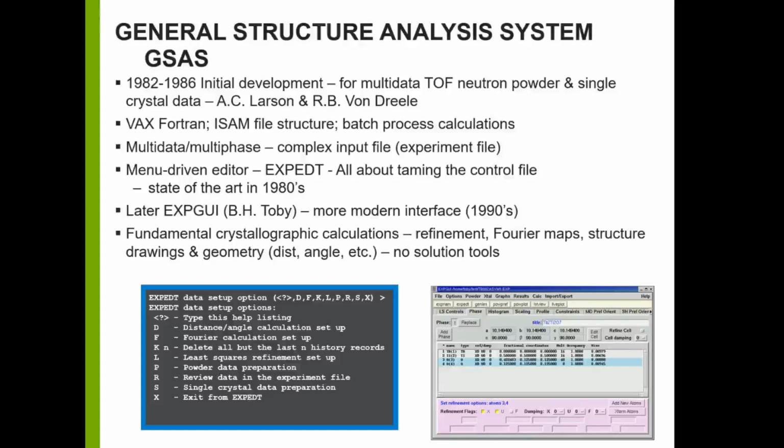Not like anything else that anybody else has tried to make. So we wrote a menu-driven editor called EXPEDT, which was about taming that file. So this thing would ask questions of the user, and it would take care of the bookkeeping to make sure that all the entries in the experiment file were correct.